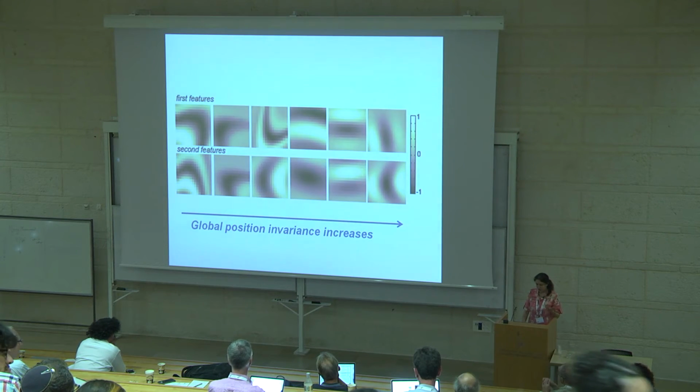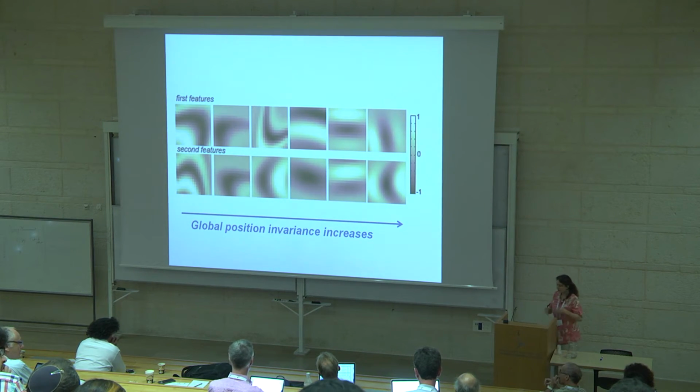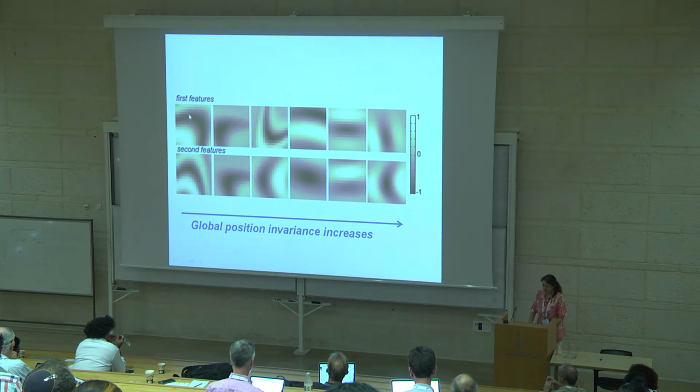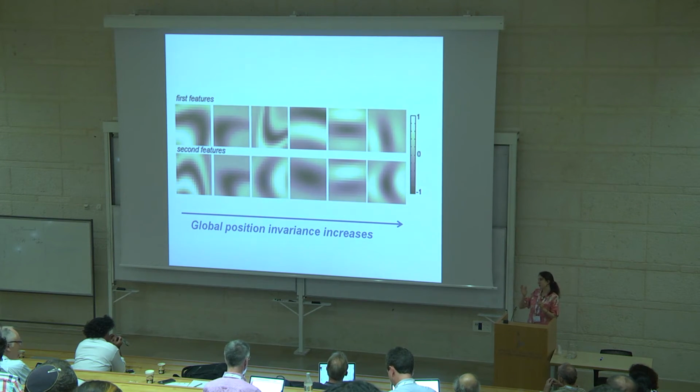So what I showed so far is that there is this quadrature pairing, and this is across now not 2 neurons, but 6 different neurons, where I'm showing first features in the first row, second features in the second row, for 6 different neurons. And what you can appreciate is that these neurons differ in the degree to which their preferred curvature exists.